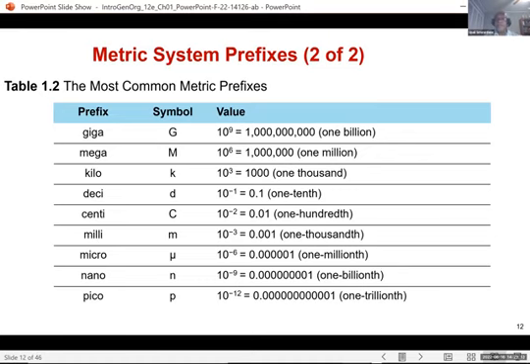So how many of you have seen this before? Have you guys seen it? Yes, I have. Okay. Now there are questions about how many meters are in a kilometer. Can you answer that? How many meters are in a kilometer?